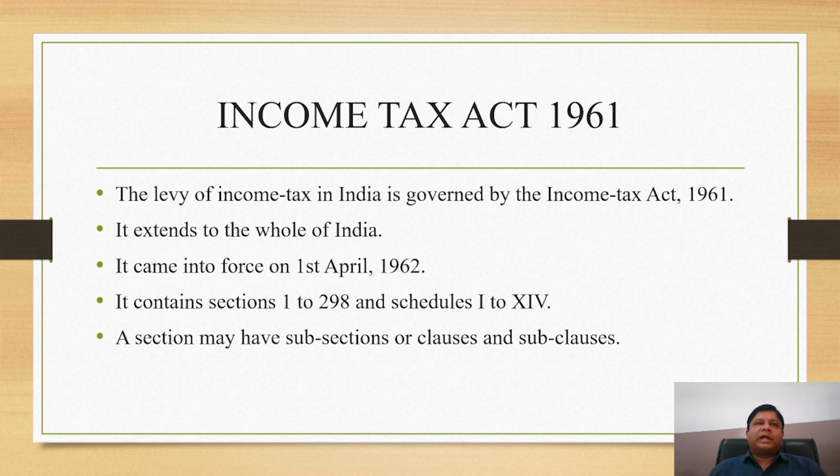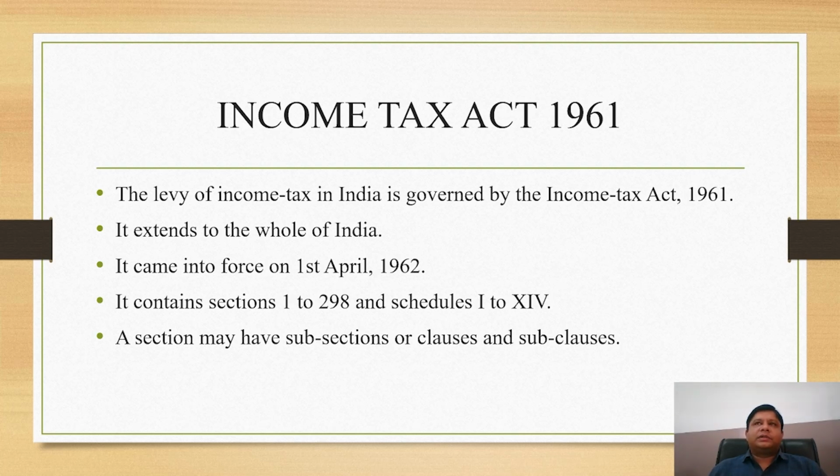So if we talk about administration of tax laws, there is a hierarchy of administrative tax authorities. At the higher position, there is the Ministry of Finance, then the Department of Revenue, having the CBDT, the Central Board of Direct Tax, and the CBIC, the Central Board of Indirect Tax and Customs.